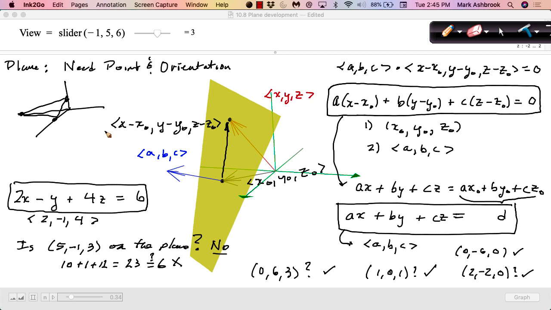Changing that D value, 6, would just change it like this, and the orientation would stay the same. Does that make sense? And ABC is still perpendicular. Making that a variable gives you all planes that have that orientation, which would be all parallel planes like that.